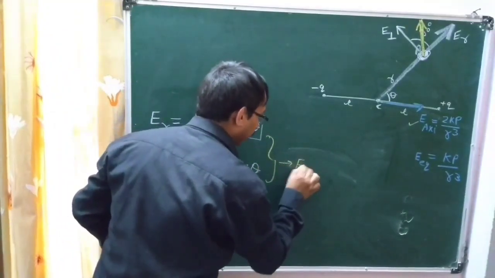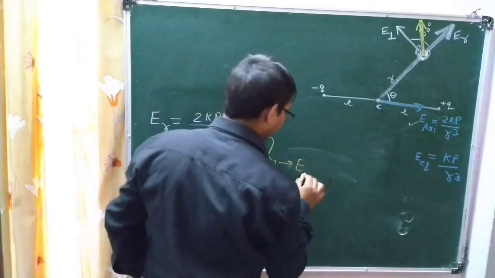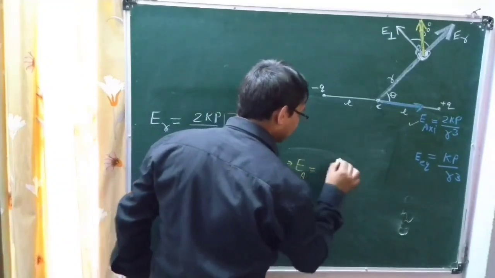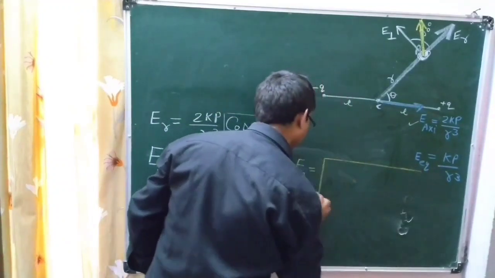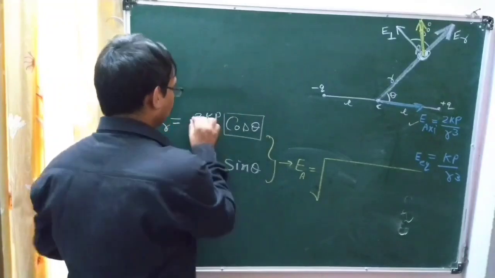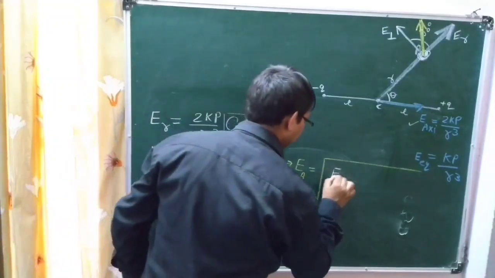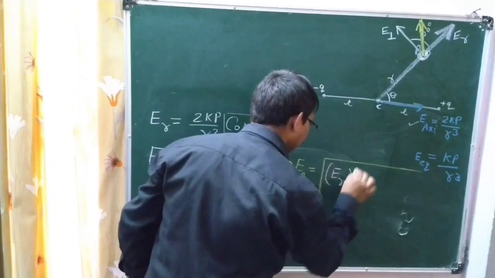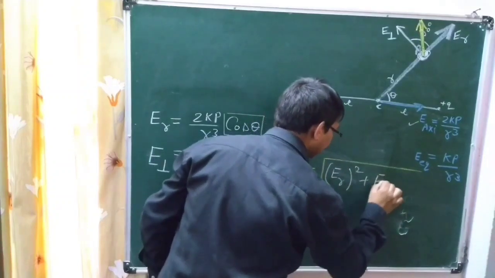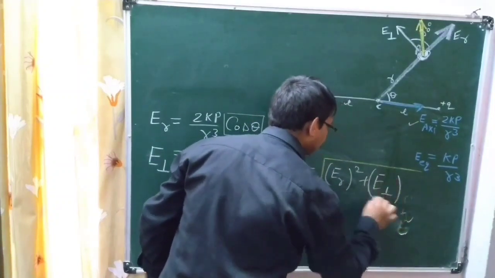So E at point A is equal to the square root of E radial square plus E perpendicular square.